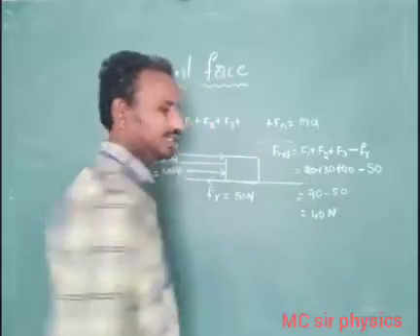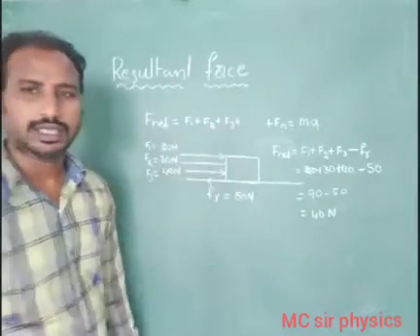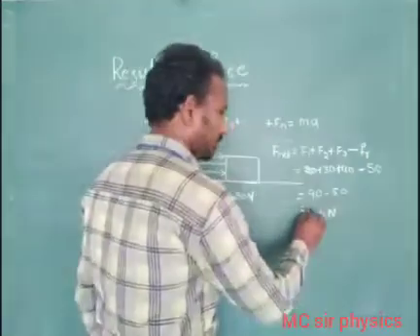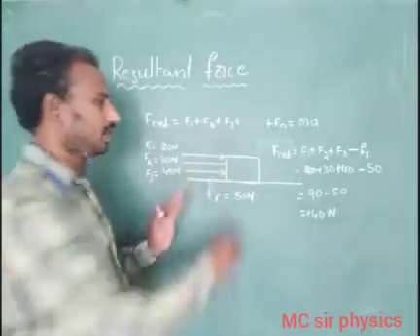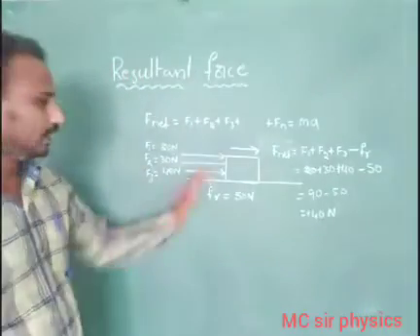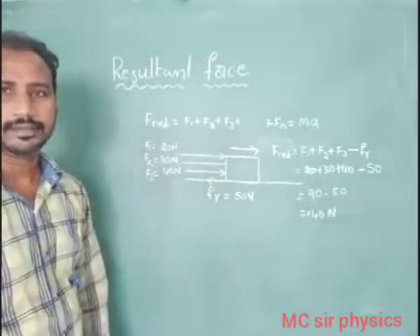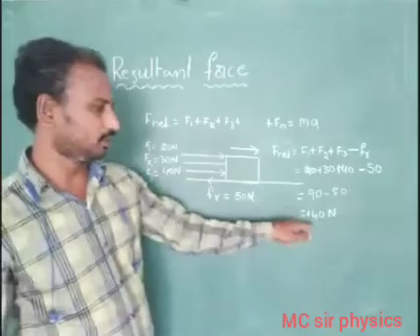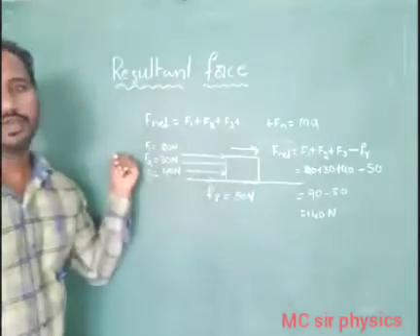40 newtons. What is the resultant force acting on this body? 40 newtons. Here we consider the sign, plus or minus. Plus. Therefore that body accelerates along the larger force direction. If we got a minus value, we would identify the acceleration in the negative x-axis direction.